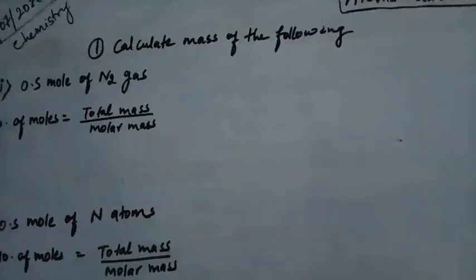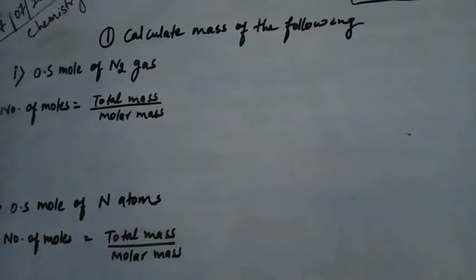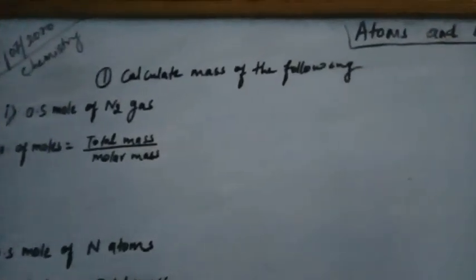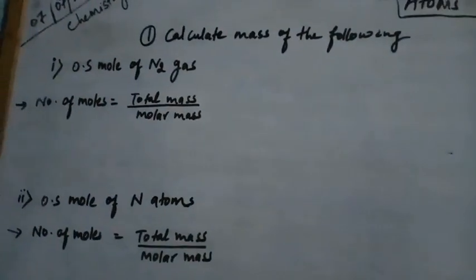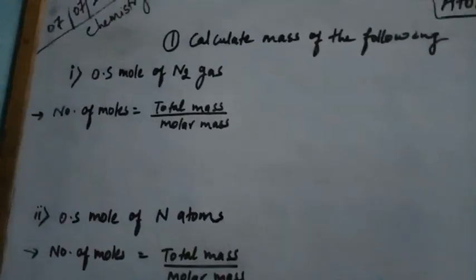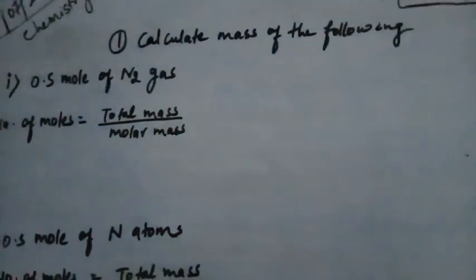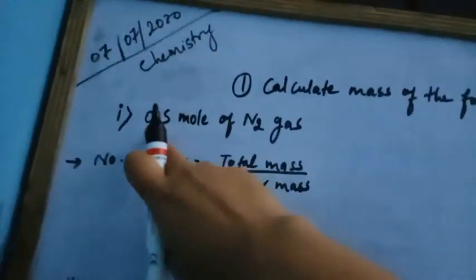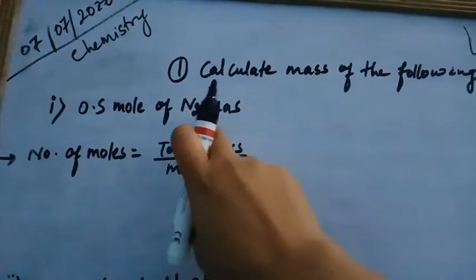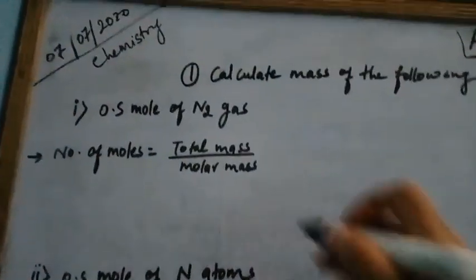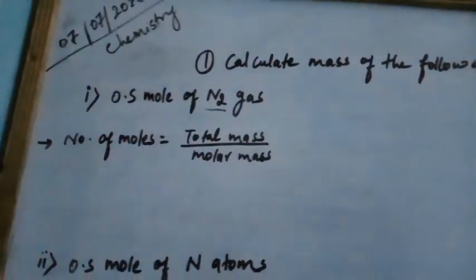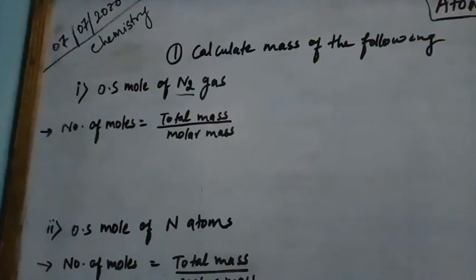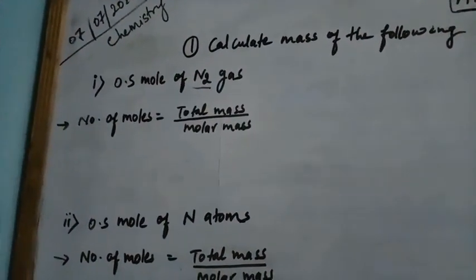Okay, the homework question which was given to you in the previous class. First was calculate the mass of the following. In that 4 questions were given. So first we will see, here we have to calculate mass in every case. So calculate mass of the following. Mass of 0.5 mole of N2 gas. N2 when we write it represents a molecule. Okay, N2 represents the molecule.